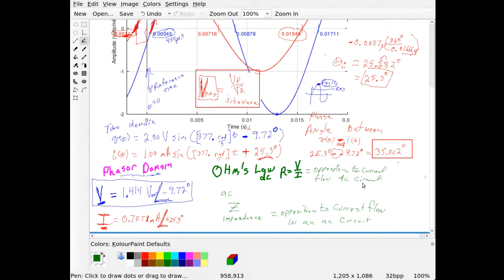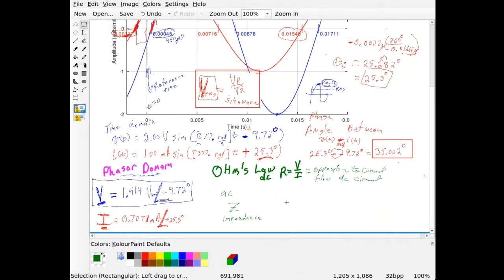That's what resistance does. Well, if you have a resistor in an AC circuit, guess what? It's going to oppose current flow. So resistors don't care whether you feed them AC or DC, they are going to oppose current flow. And so that doesn't change.